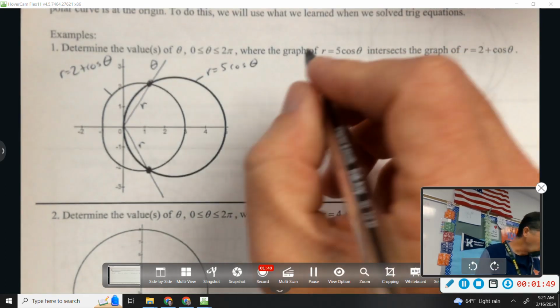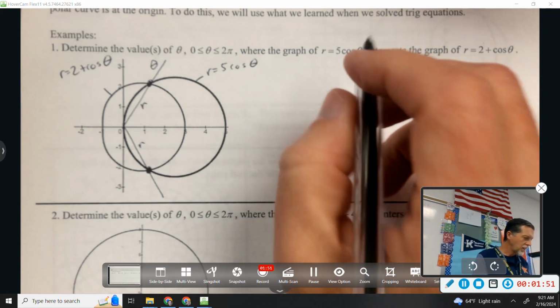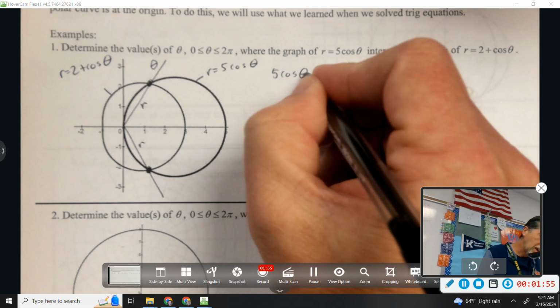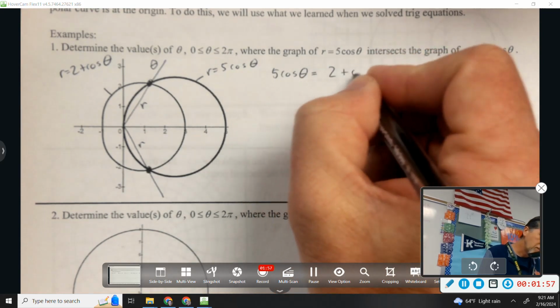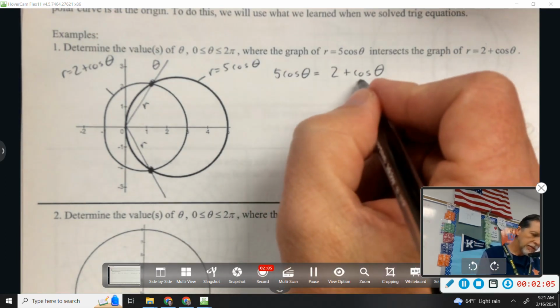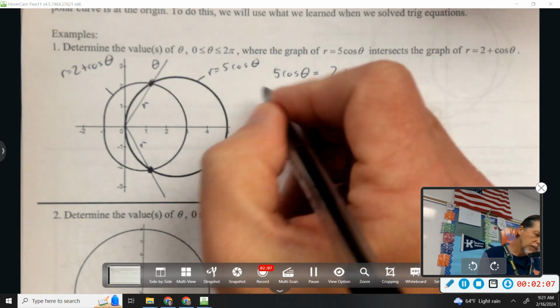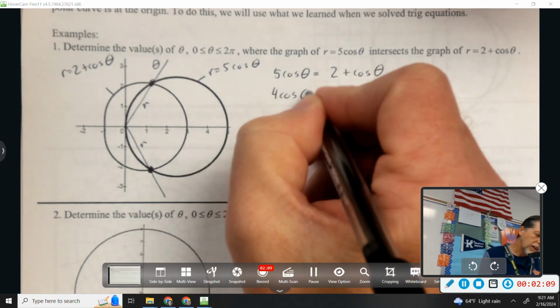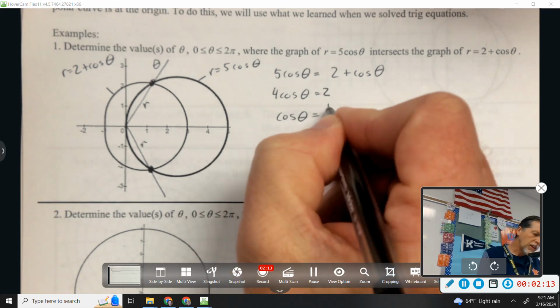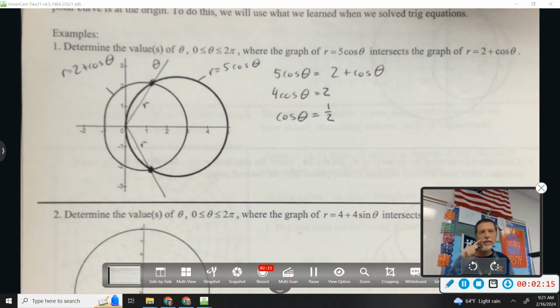So let's set the two things equal to each other. So 5 cosine theta equals 2 plus cosine theta. Move the cosine over. So 4 cosine theta equals 2, which means cosine theta equals 1/2.